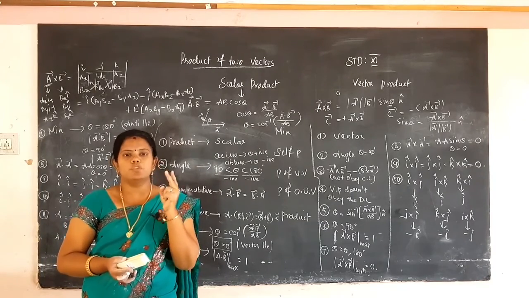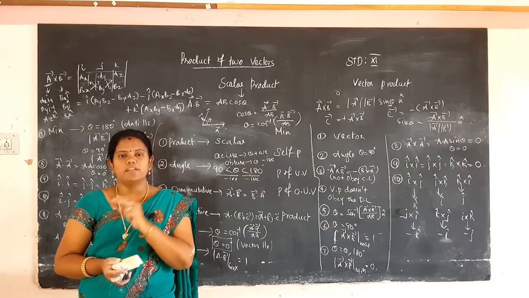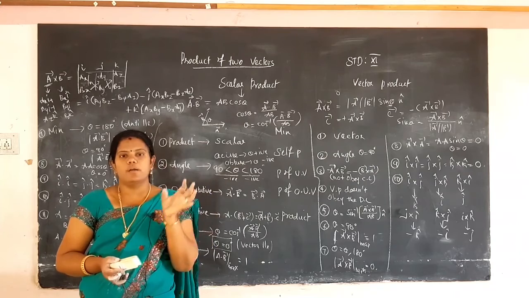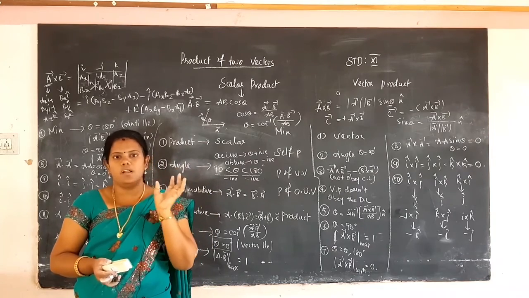In both, two vectors are multiplied. You have to learn all 10 points thoroughly.